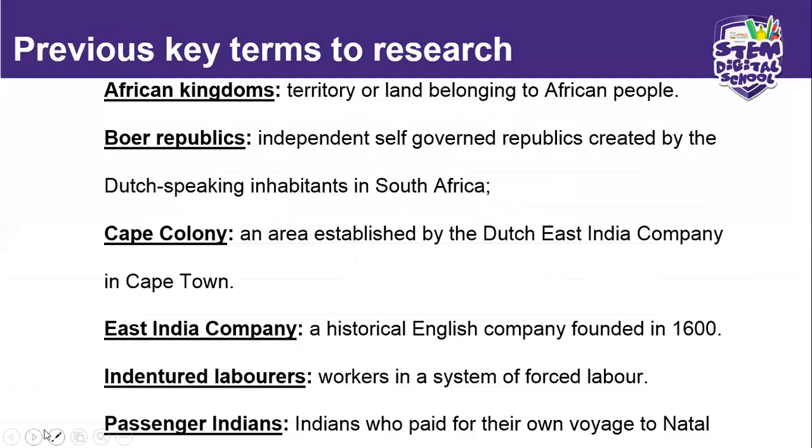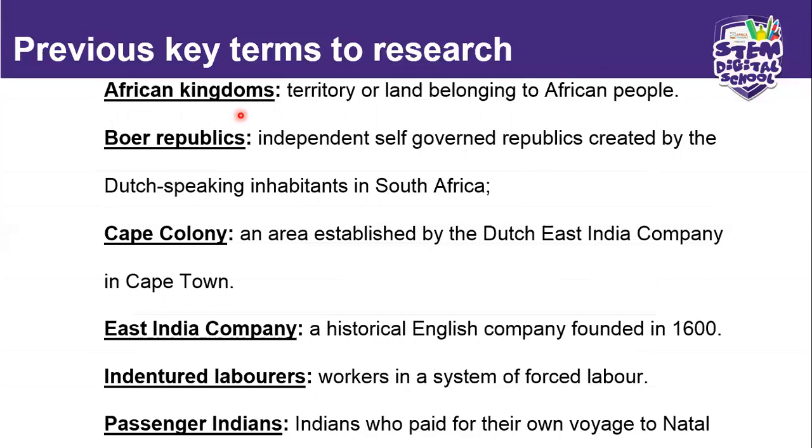Okay, and then last time I gave you key terms to research. I hope you researched those terms or words. The first term that you're supposed to research is African kingdoms.